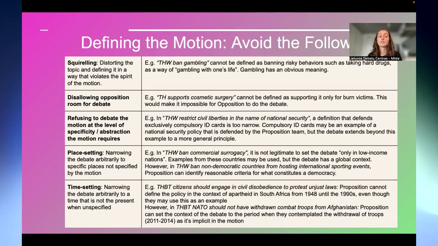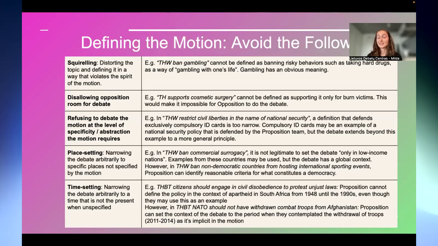And last of all, time setting. So similarly, narrowing the debate down to a specific time. So here, let's see again an example. This House believes that citizens should engage in civil disobedience to protest unjust laws. So of course, you cannot define this policy in the context of apartheid only.